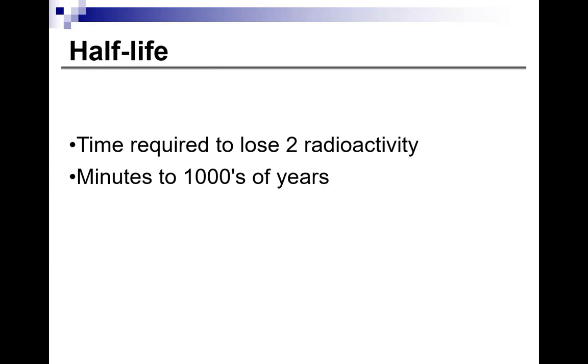So after a relatively short amount of time, you have almost none of that radioisotope left in your system. They can use it for testing, but if they're putting it into your body, they're going to use something with a really short half-life. They don't want to put carbon-14 into you because it would take over 5,000 years for half of it to decay. That would not be a good radioisotope to choose.